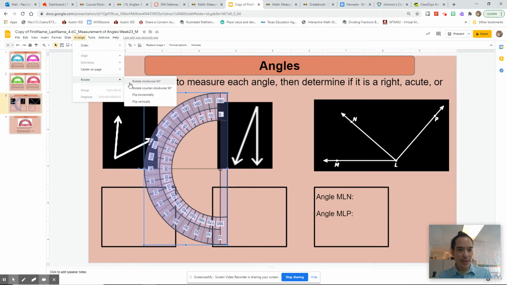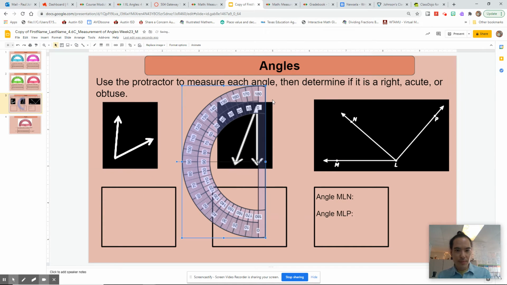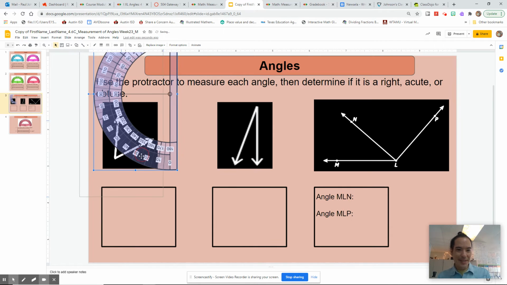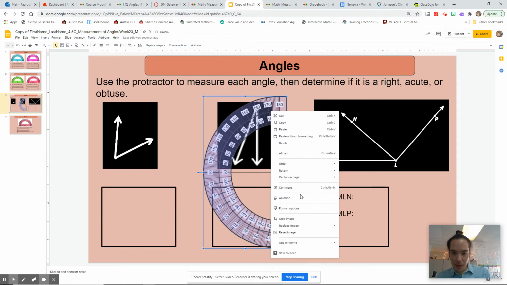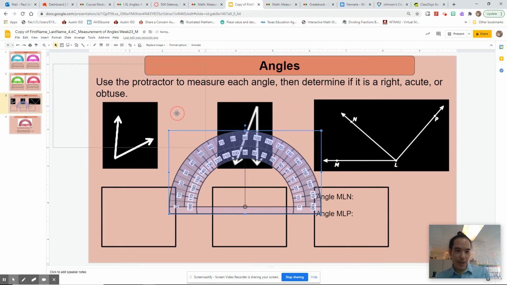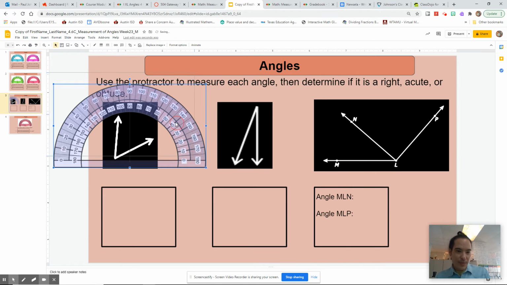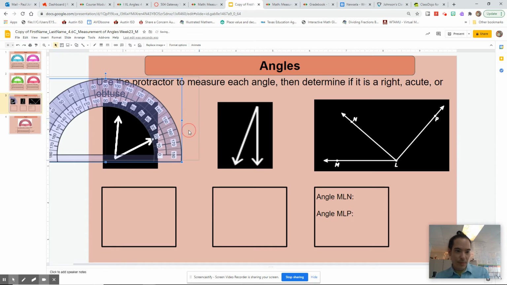Okay, so rotate slightly. Sorry, this is something that is not working. So if you're having trouble with this, I totally understand your situation. Let's go to the 90 degrees, see if that helps. Well, that's not very helpful.